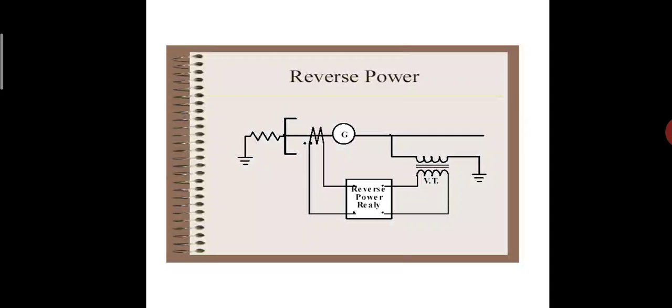Reverse power flow diagram: the resistance is connected to earth, and the voltage transformer is also connected to earth. G means generator.